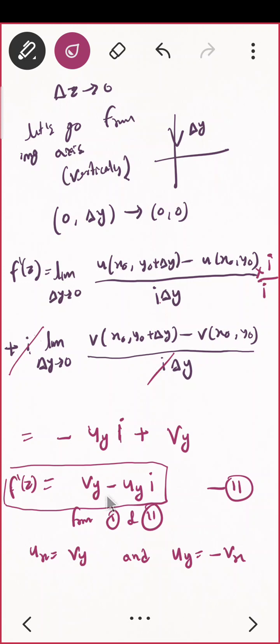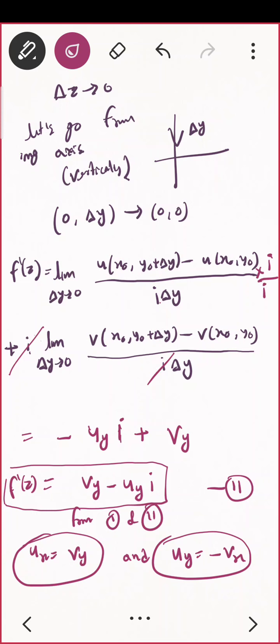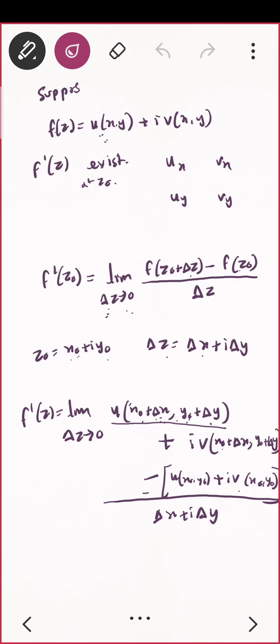Ux equal to Vy, Uy equal to minus Vx. I just wanted a relation between u and v. Correct? Just go back to the proof and see if you understand everything or not. If you don't understand at any point, then you may ask me.